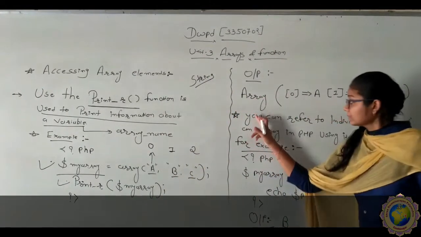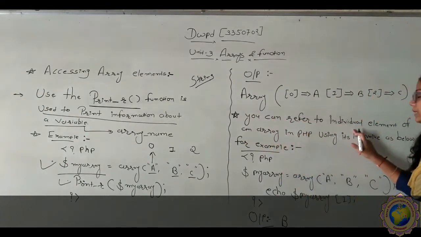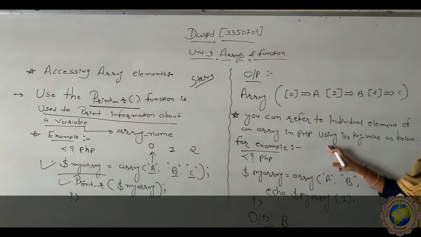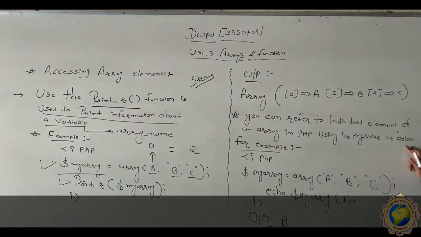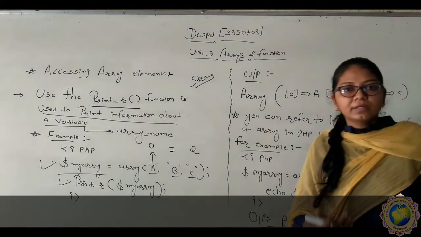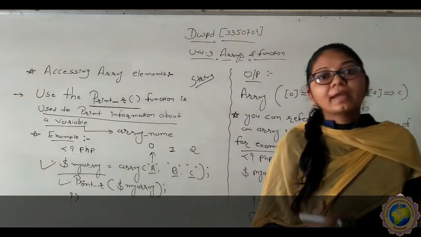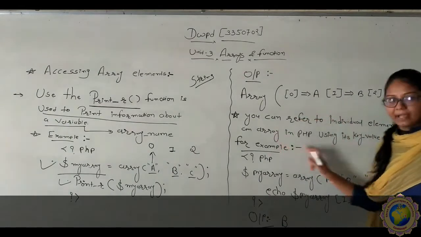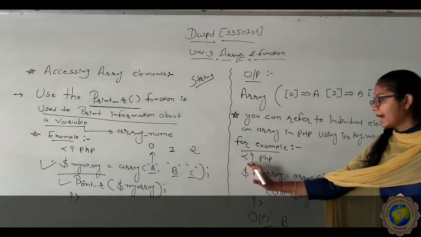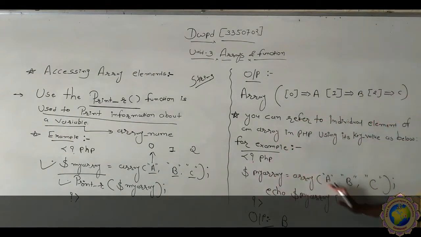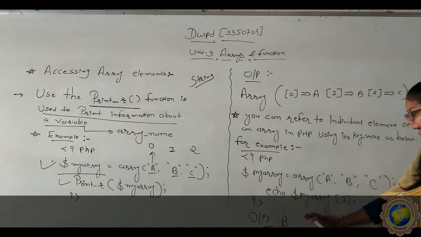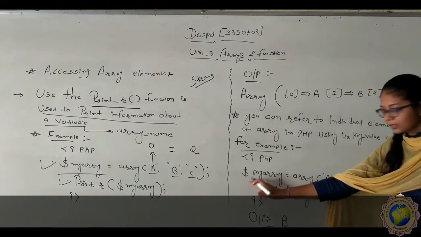Next, you can refer to an individual element of an array in PHP using its key value as below. In PHP, the key value. The echo statement prints myArray at index 1. So what is the output of this program?